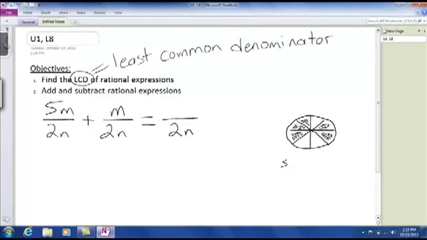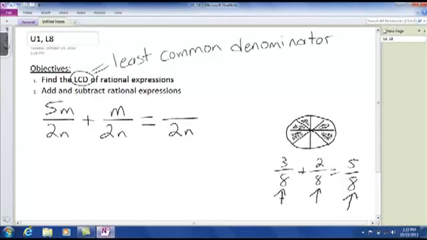Well, he ate 3/8. I ate 2/8. So altogether we ate 5 of the 8 pieces. Notice the 8s did not change. He ate 3 out of 8. I ate 2 out of 8. Together we ate 5 out of 8.